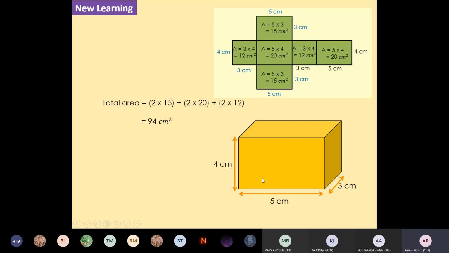There's the two identical congruent rectangles, and we're 12 for each side, 3 by 4. Again, I've got two identical congruent rectangles, and the top and bottom, that was 5 times 3, which is my 15, 15, which is my top and bottom. It's, again, two identical congruent rectangles.